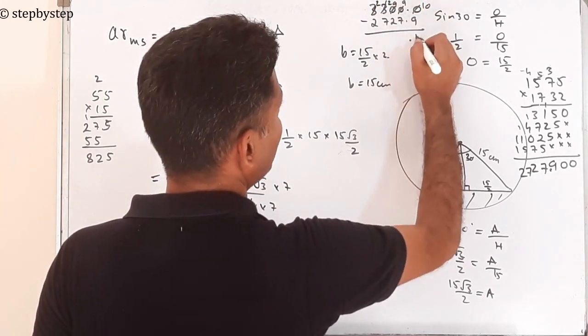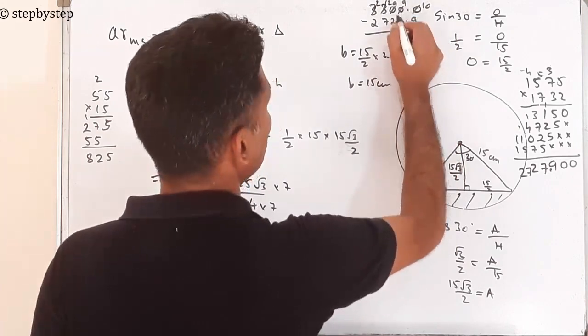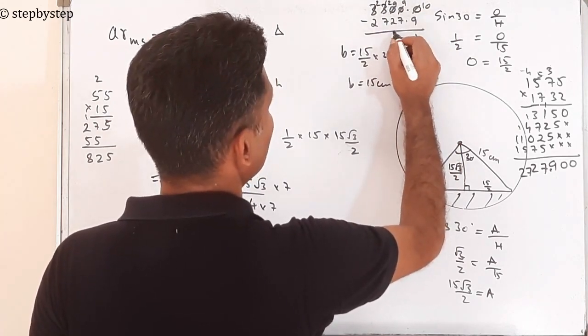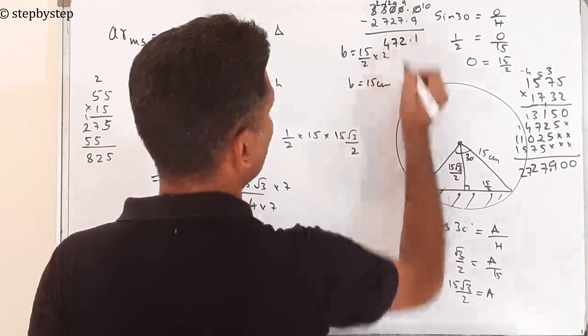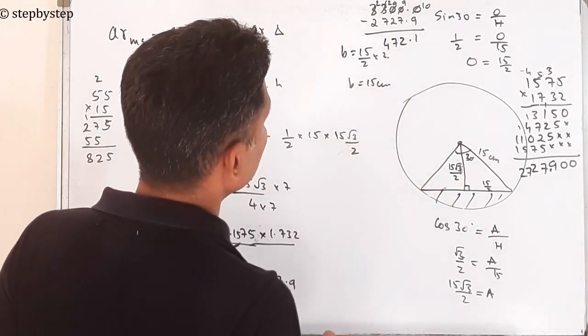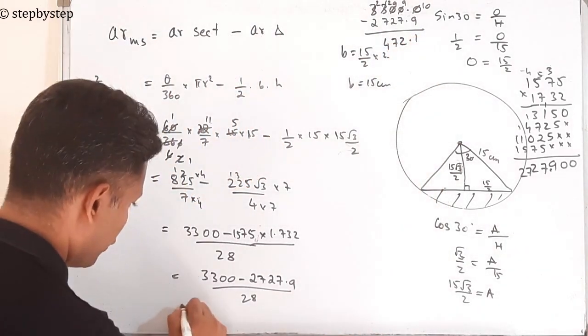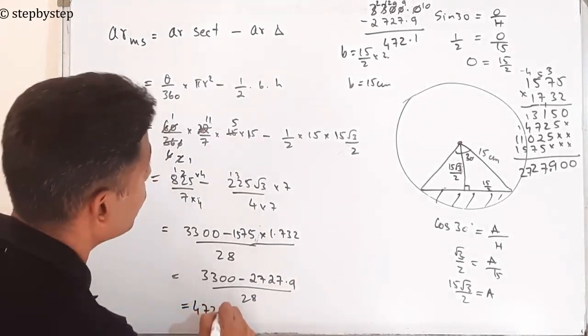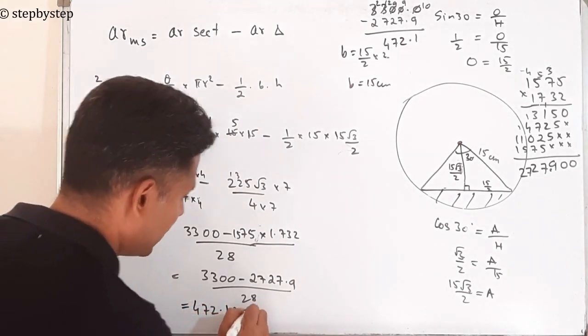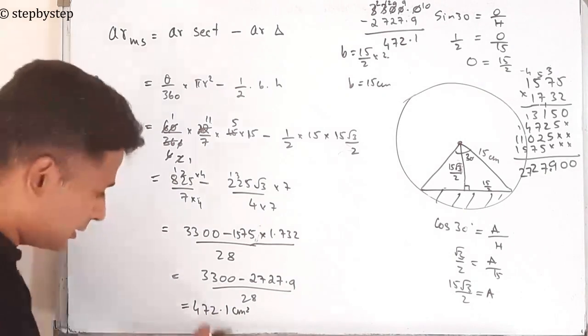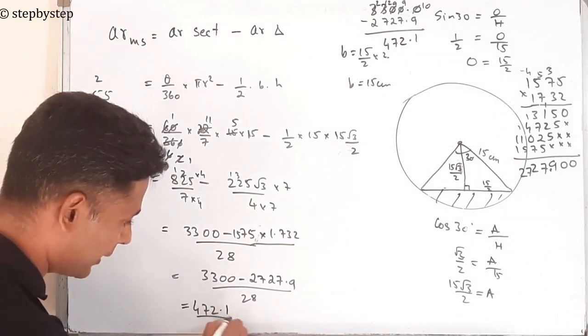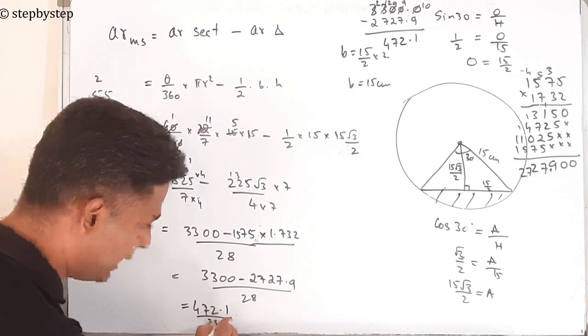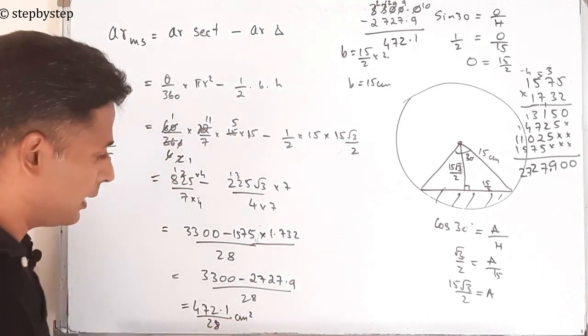So 10 minus 9, 1, 9 minus 7, 2, 9 minus 2, 7, 12 minus 7, 4. So the answer is 472.1 by 28 centimeter square.